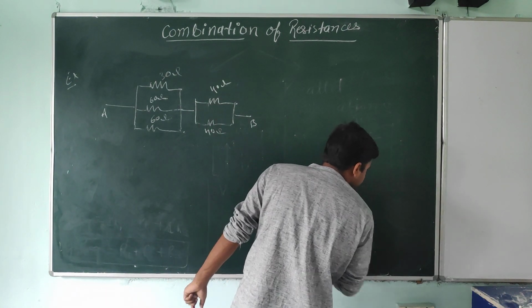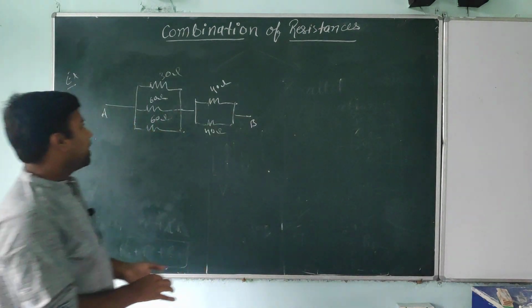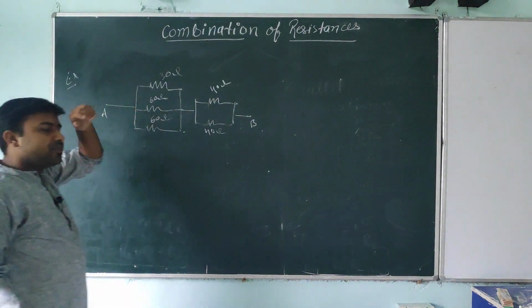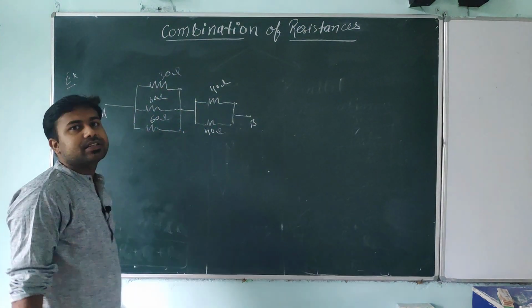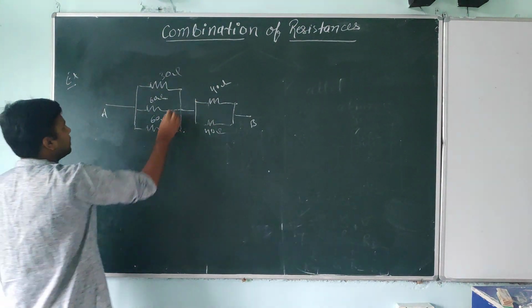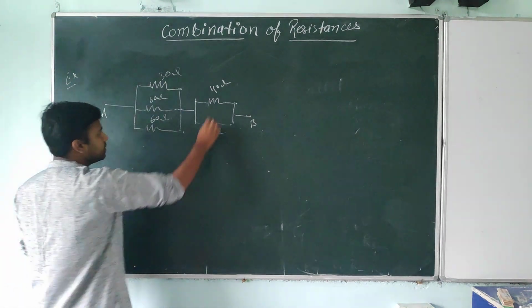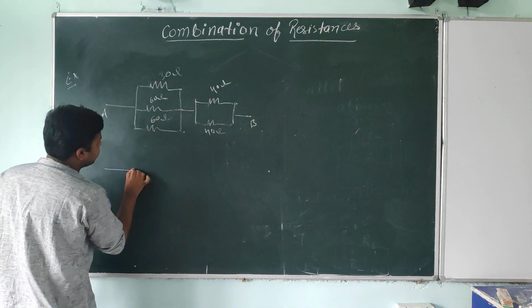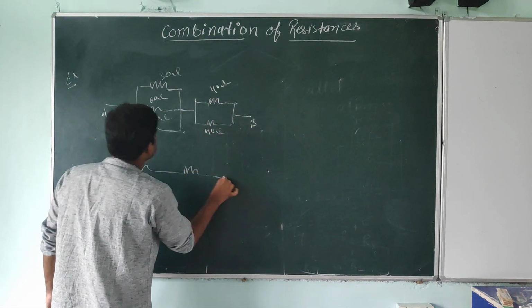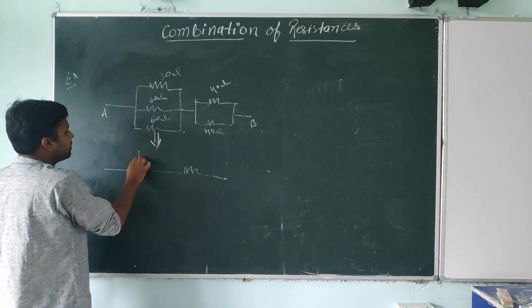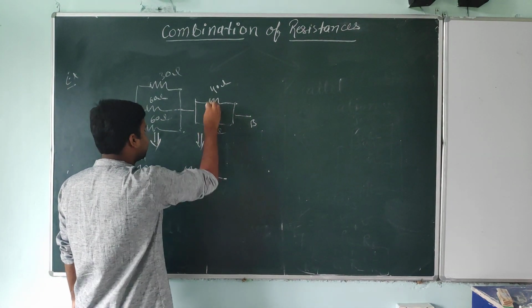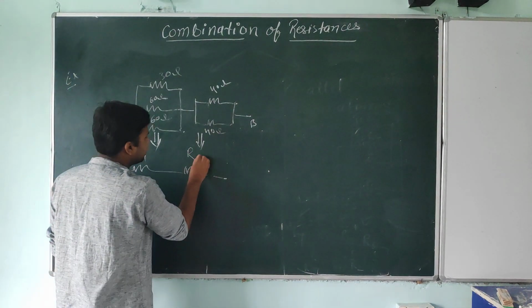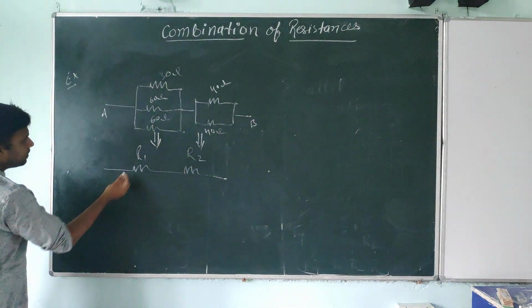Okay, so students, what we have to do, we have to reduce or replace this combination of resistance by a single resistance. Look at this. These are in parallel. This is also in parallel. So we can replace all three resistors by a single resistor. I am replacing this with R1, and this combination, these two resistors are parallel, I am replacing it with R2. So what is the value of R1?